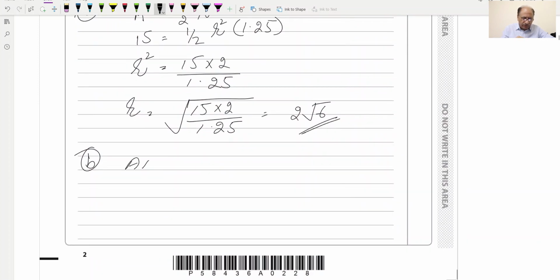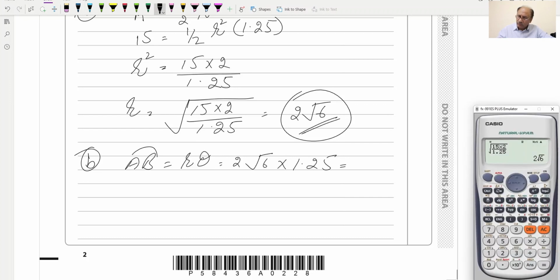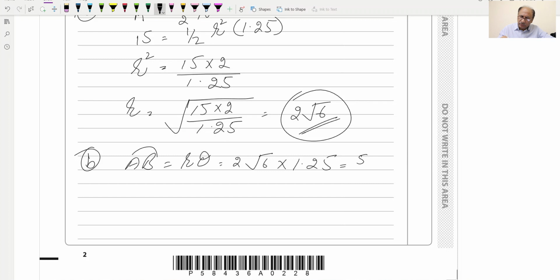Basically first we'll find arc AB, which is equal to r theta, and the r value we calculated is 2 root 6, multiplied by theta, which is 1.25, and we can use the calculator for that. So multiplying by 1.25, this will be equal to 5/2 under root 6.